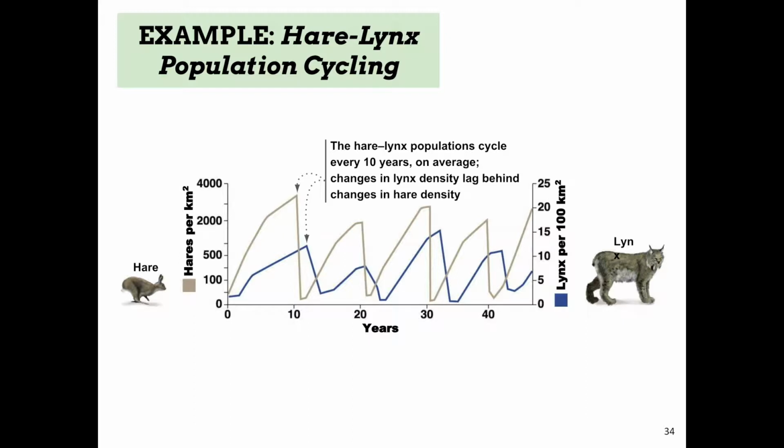And to explain this cycle, the biologists posed two hypotheses based on density dependent factors. The first hypothesis is known as the bottom up hypothesis, and that's the idea that when their populations reach high density, hares use up all their food and starve. In response, then the lynx also starve.